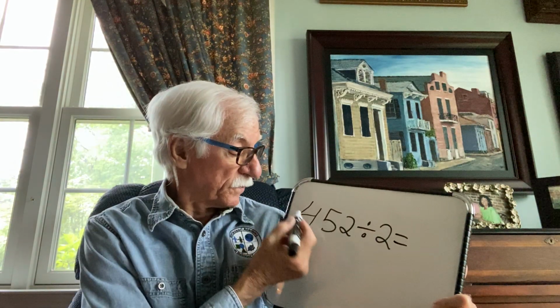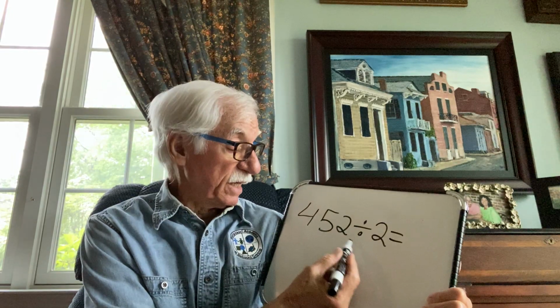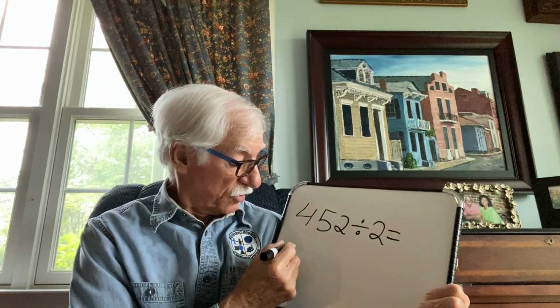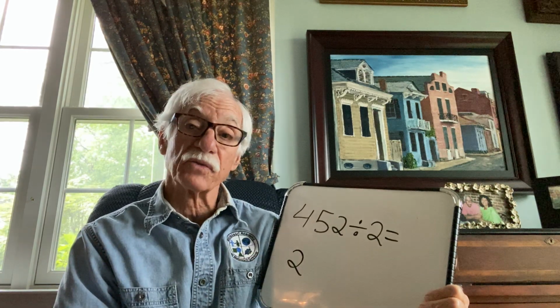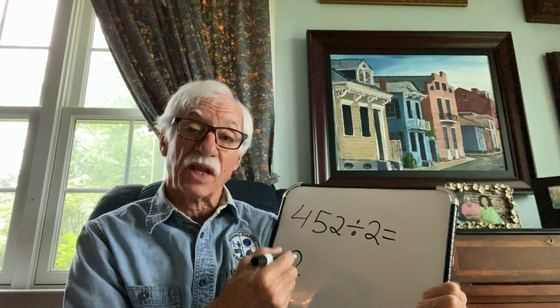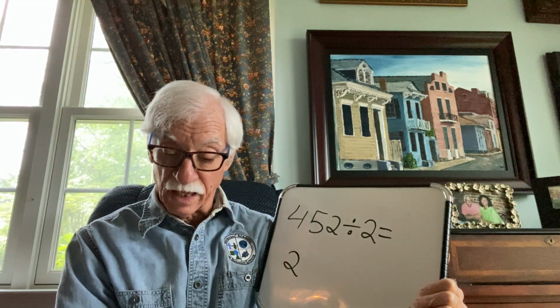So here we go. I have 400 pieces of candy, and I'm going to give them 100. So each of the 2 classes gets 200 pieces of candy, don't they? I've got 5 tens, 50 pieces of candy still to distribute from the box.